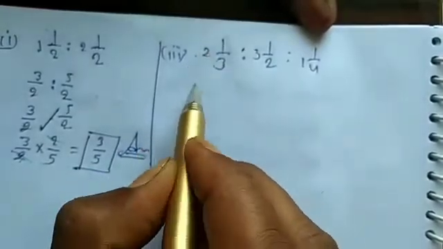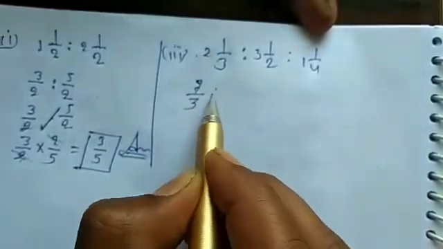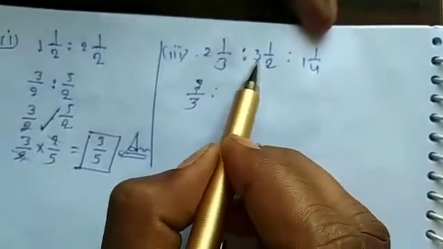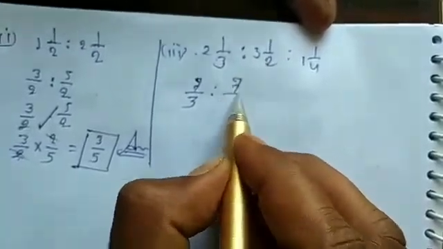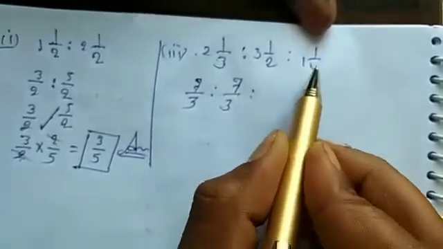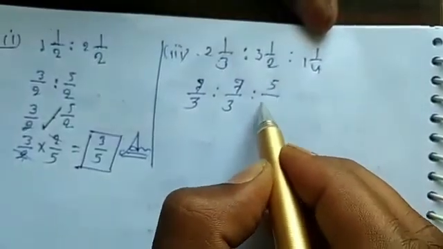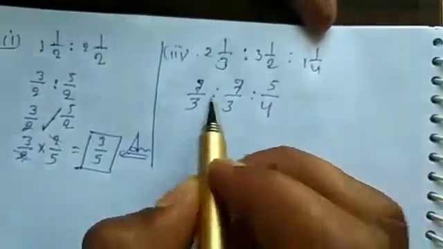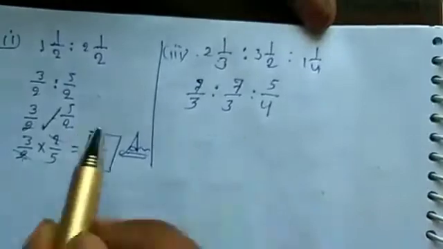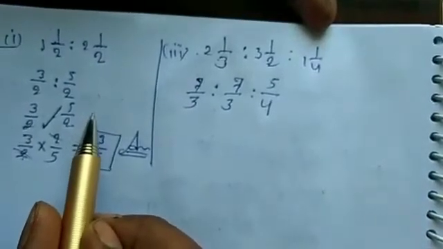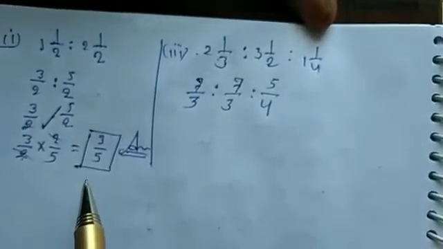3 2 are 6 and 1 7 upon 3 ratio 4 1 are 4 and 1 5 upon 4. Now there are 3 terms. In this question there were only 2 terms, so simply we solved this.